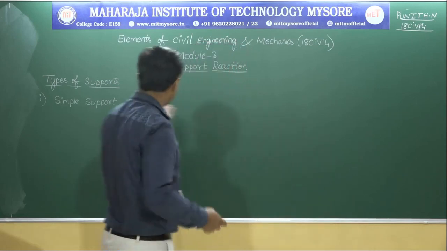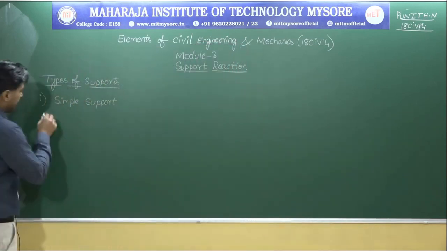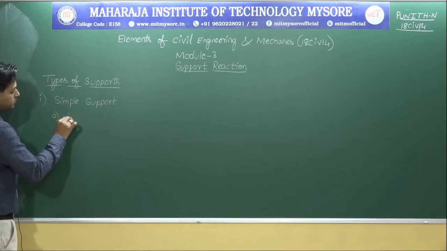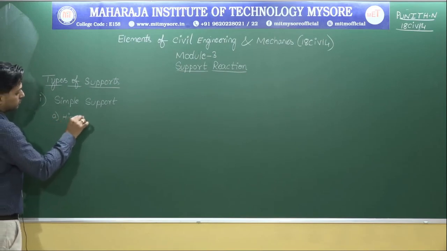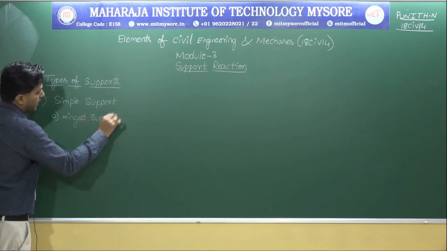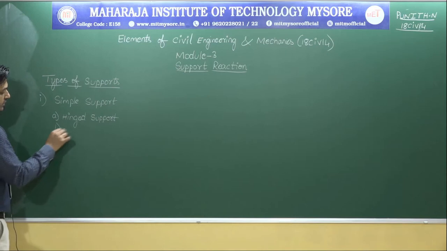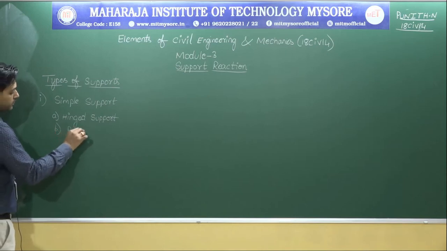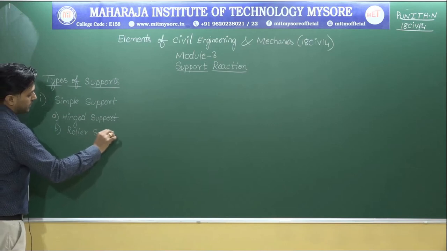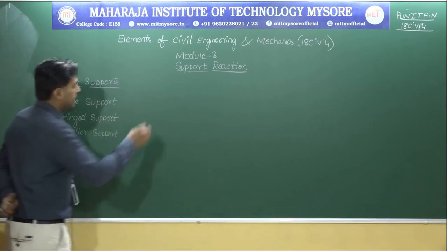In simple support we have two types. The first one is the hinged support, and the second one is the roller support.